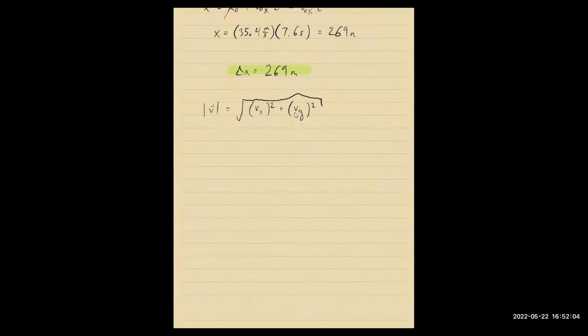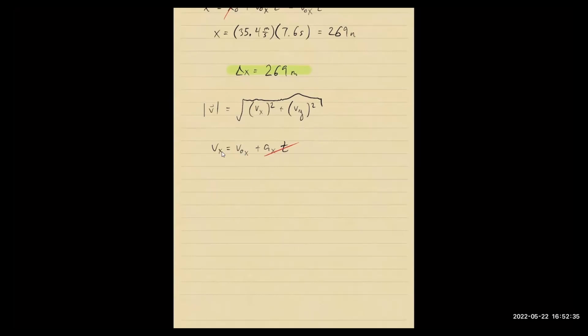In the x case, the final velocity in the x direction is equal to the initial velocity in the x direction plus our acceleration in the x direction times time. But for those of you who remember, we don't have an acceleration in the x direction for these projectile motion problems. a_x is equal to 0. The x component for our acceleration vector is going to be 0, and because of that, this whole second term is 0.